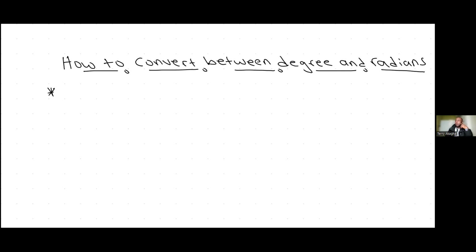So to measure an angle, there are two different measuring systems.